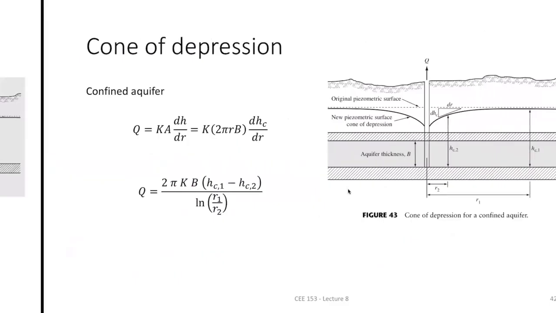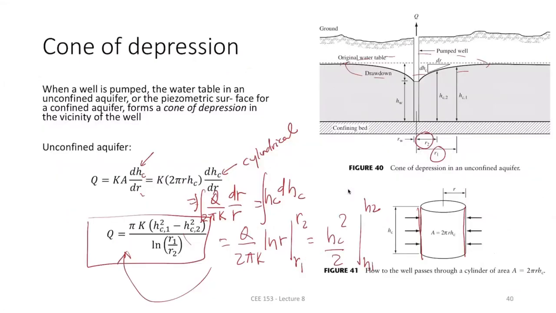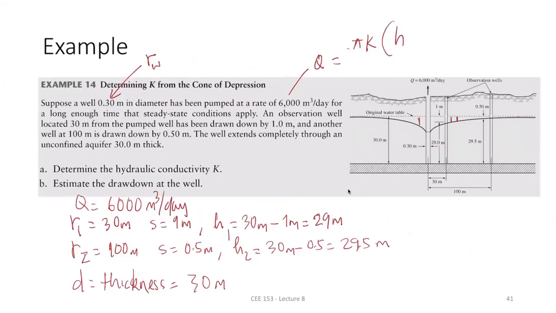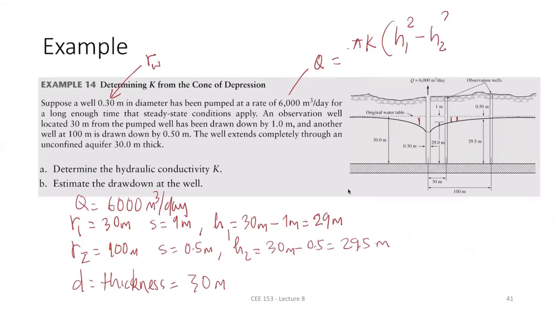So if I write it, Q equal to pi k, I'm just going to write h1 square minus h2 square divided by ln r1 by r2. So all I'm asking is k value.